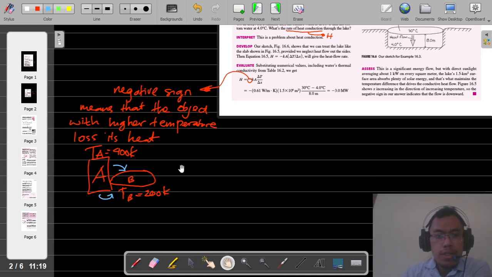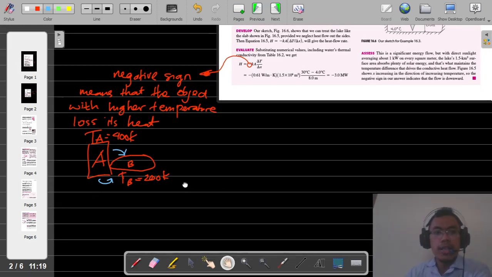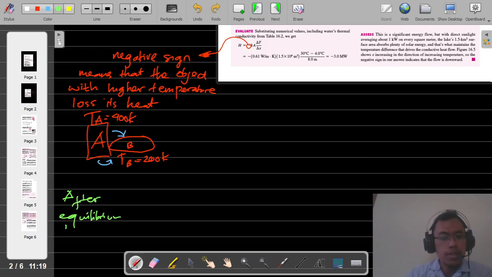After this, the temperature reaches an equilibrium state. It means that object A and object B have the same temperature.